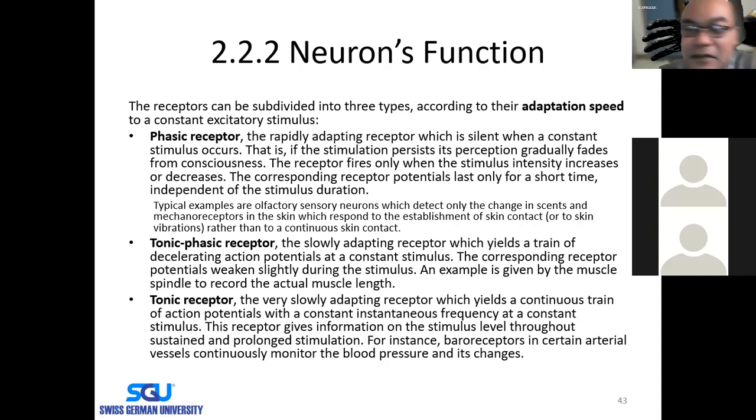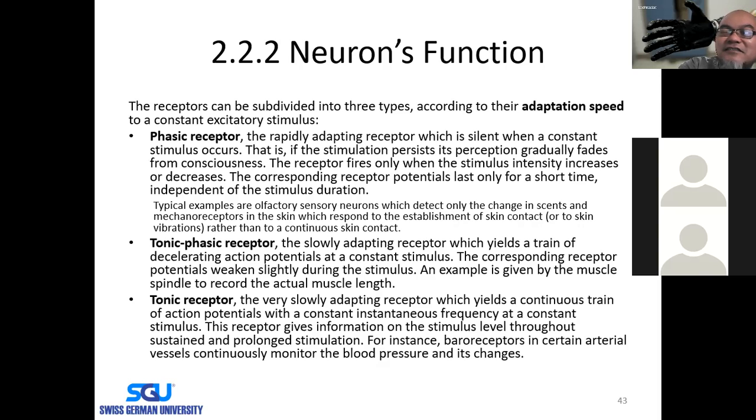If you compare in contrast with the skin contact, for example, let's say you touch your hand with your finger from the other hand. Then you feel when it starts to contact, right? But after a while, if you are completely not moving, you get used to that sensation of contact.